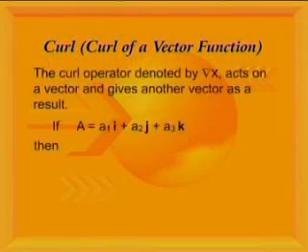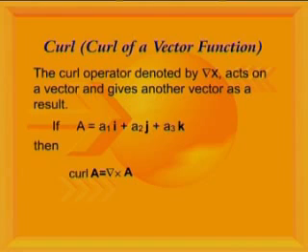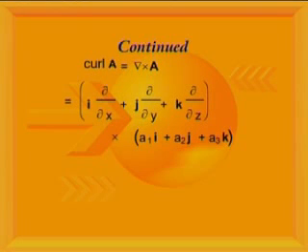Here A is the vector that is equal to a1i plus a2j plus a3k, where a1, a2, a3 are the ith, jth and kth components of the vector. And now we are going to apply del on A by cross product, so we are going to find del cross A. We know that the vector product of two vectors can be easily expressed in determinant form.